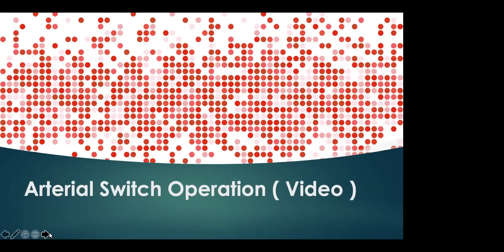I have a question about the d-TGA with the VSD. As I understand it, the shunt will be left to right, from the subaortic ventricle to the subpulmonic ventricle during systole. Is that right? Right.